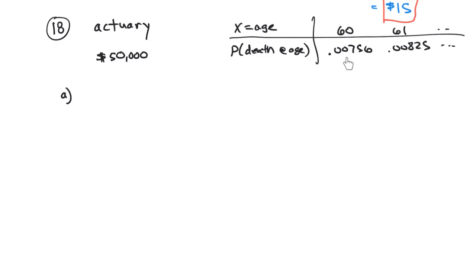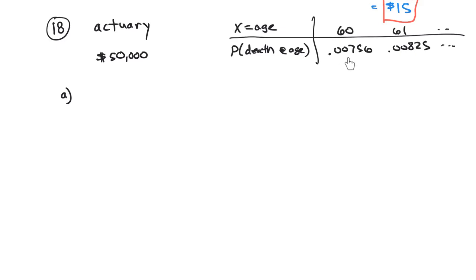So if there are thousands of clients just like her, some of them will just be unlucky, right? Some people will beat the odds, so to say, and actually die that year. But this is to figure out this individual amount. So the probability that she dies in her 60th year is this.